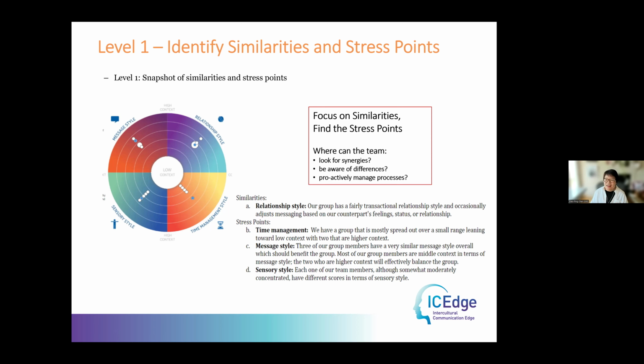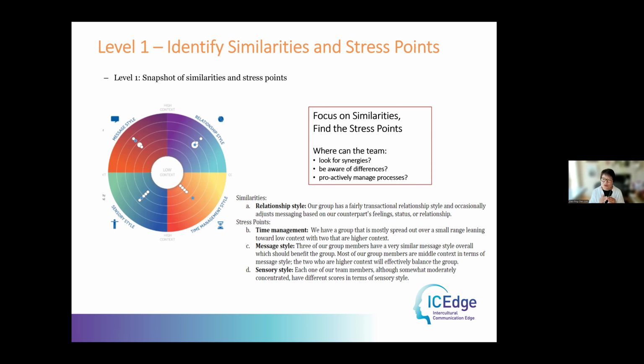We have a group that is mostly spread out over a small range, leaning toward low context, with two that are higher context here. Okay, now in terms of message style, 3 of the members are here, and then 2 members are there. And then sensory style is also along this range. So this is the first level analysis.